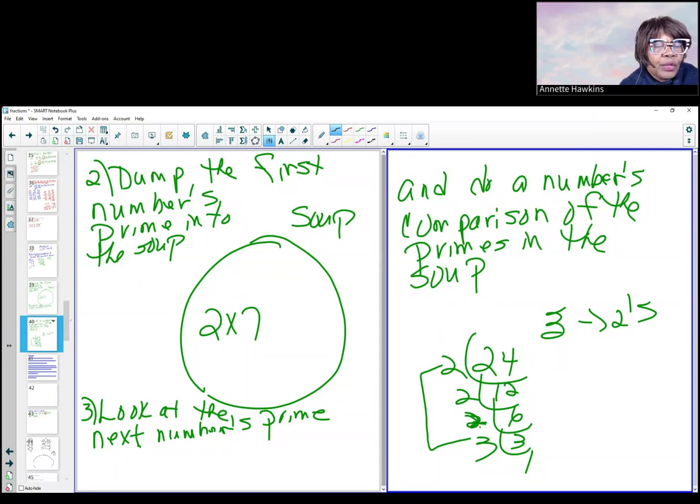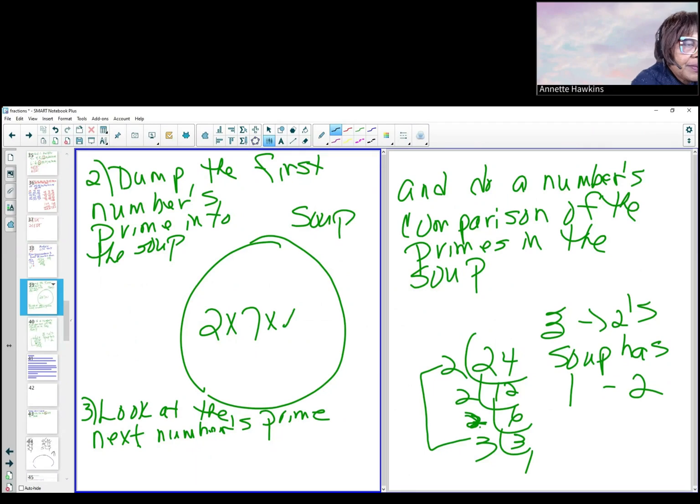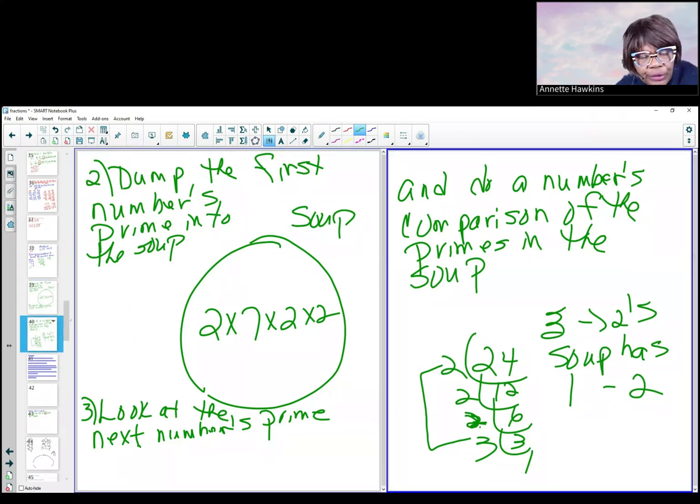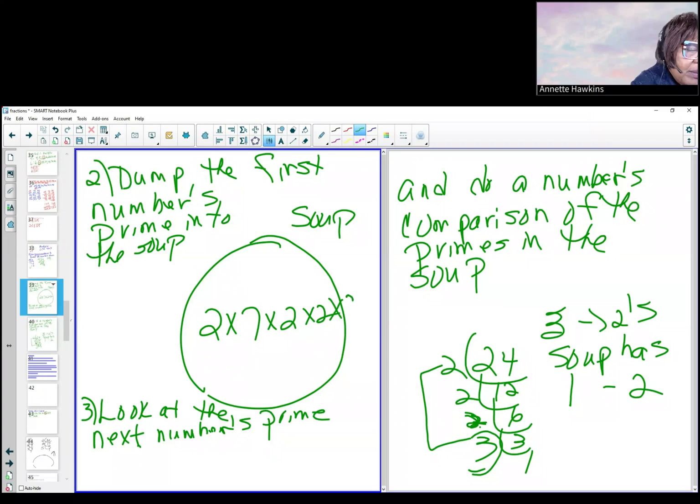The soup has 1 2. So I need 2 more 2s to take care of 24. So I put in 2. All right. That takes care of the 2s. 24 needs 1 3. I do not have a 3 in the soup. So I need to put a 3 in my soup.